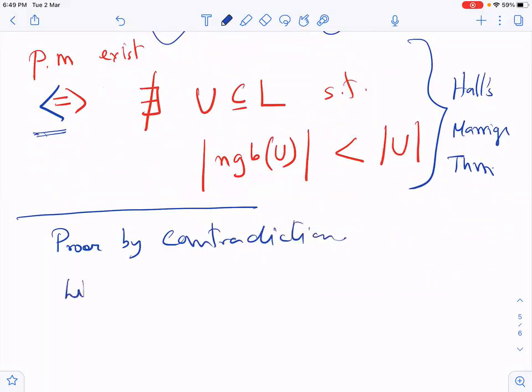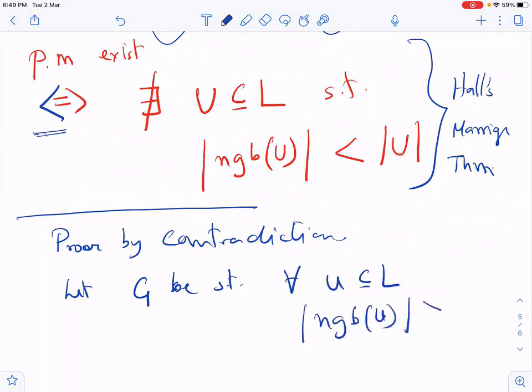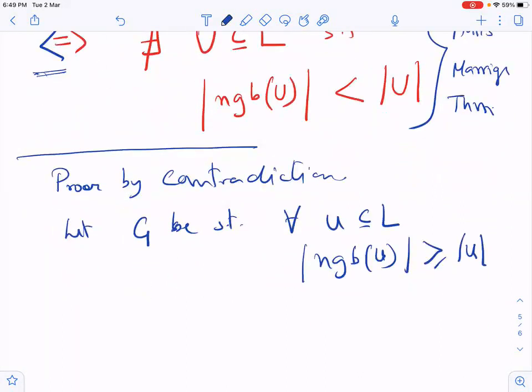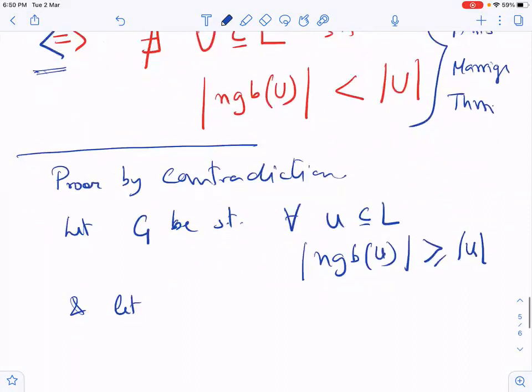So what does that mean? I will say, okay, let G be such that for all U subset of L, the size of the neighborhood of U is greater than or equal to the size of U. So G has this property, and let G not have a perfect matching.